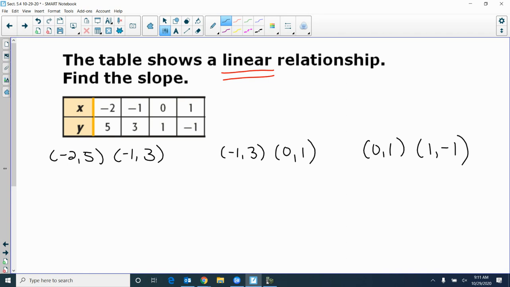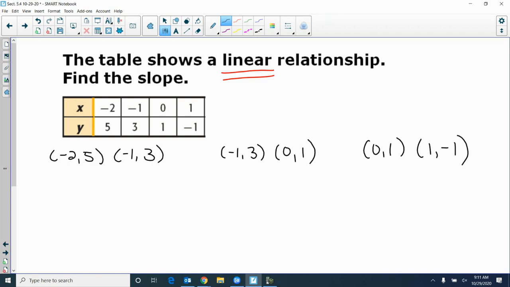Those are two different. Good stuff. You got the right answer.